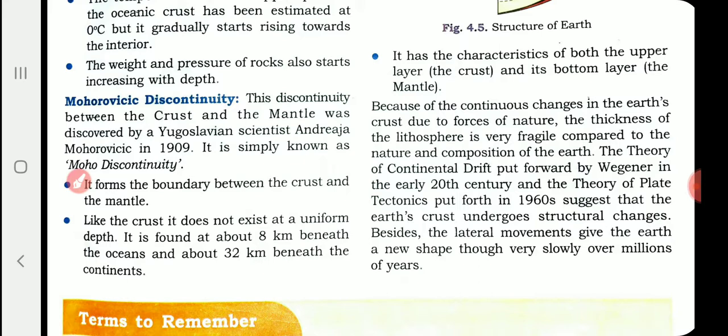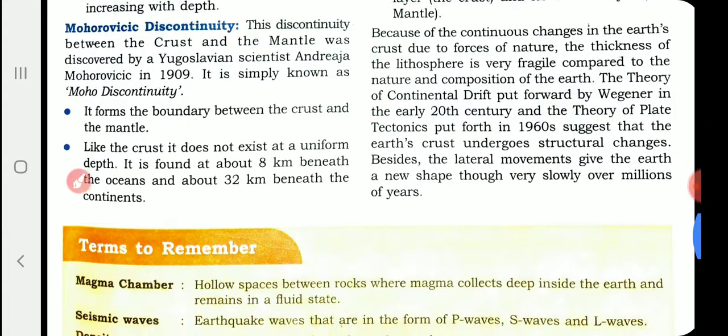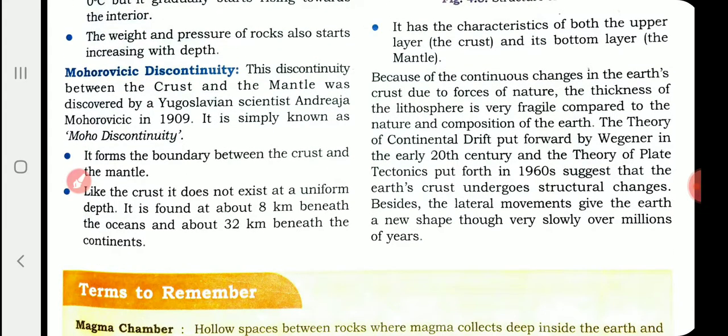And also we discussed the Mohorovicic discontinuity and Gutenberg discontinuity. Gutenberg discontinuity starts when the mantle ends and core begins. Mohorovicic discontinuity starts when crust ends and mantle begins.